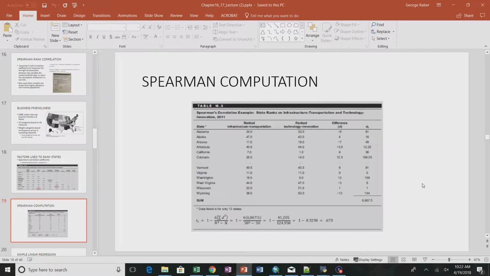This is table 14.3 in the book. Or 16.3. It's right in the book. Okay, it must not be right in my portion of the book. 16.3.